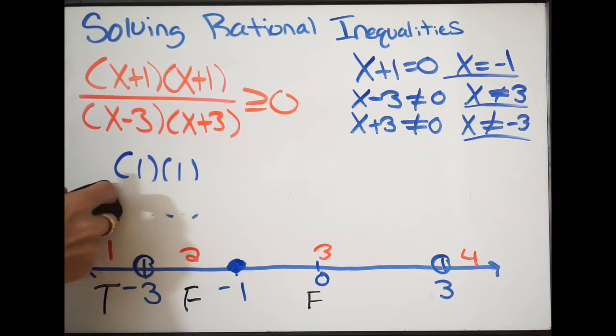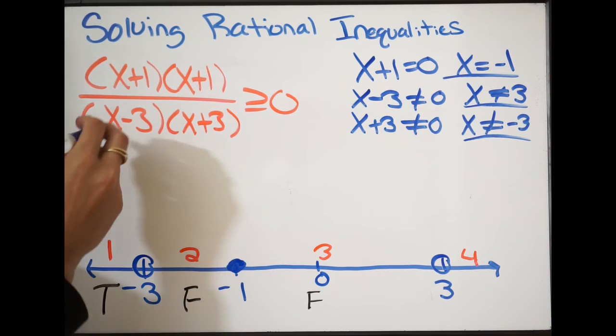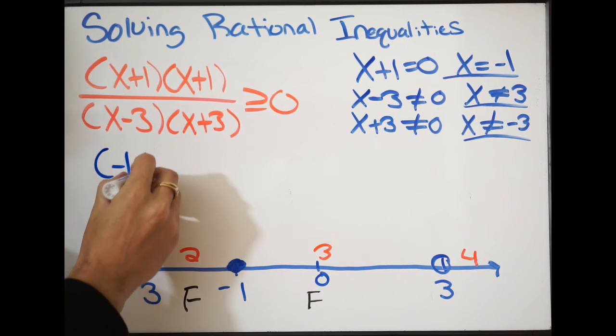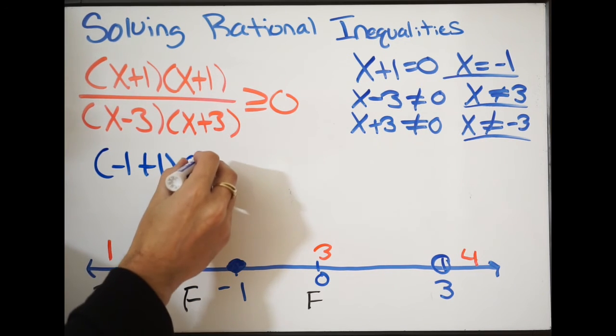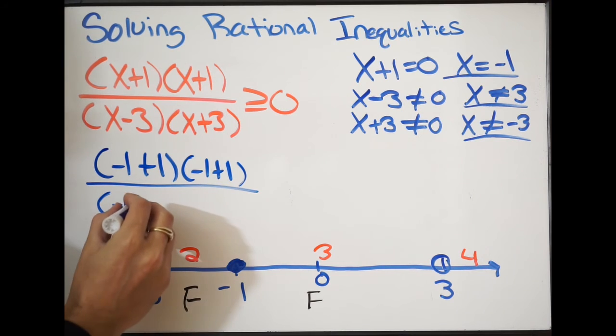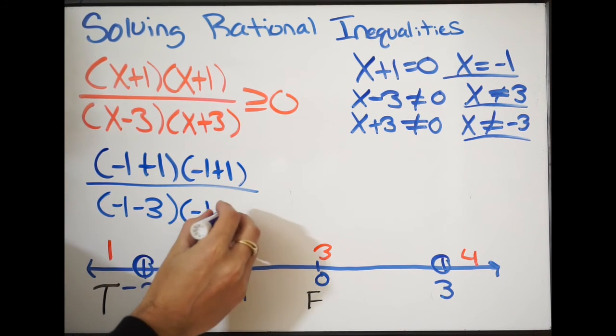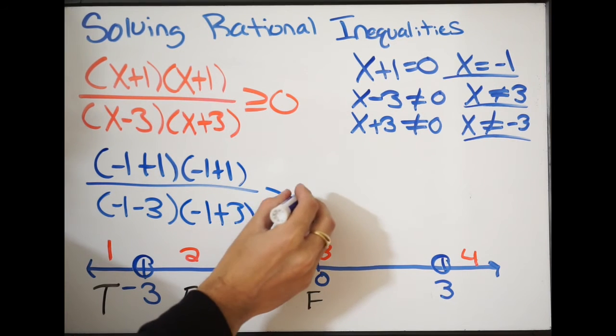So for example, if I plug negative 1 into my inequality, I get the following. Let me go ahead and do that, and you'll see it right away. I plug in negative 1 plus 1, then negative 1 minus 3, and negative 1 plus 3, greater than or equal to 0.